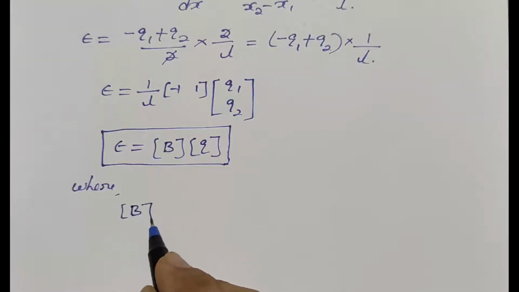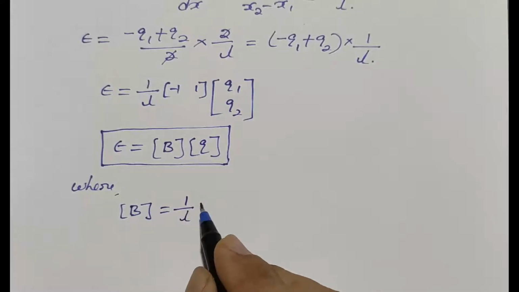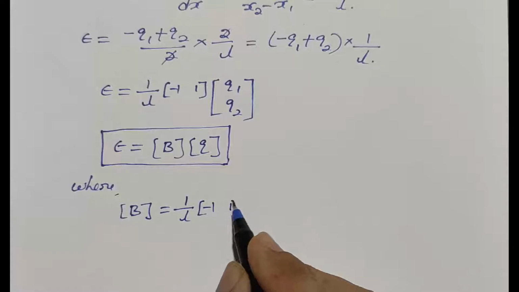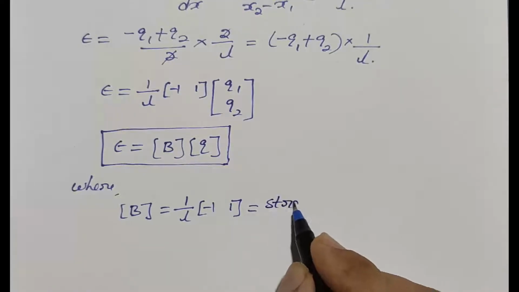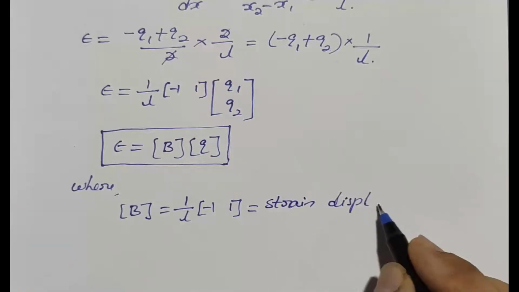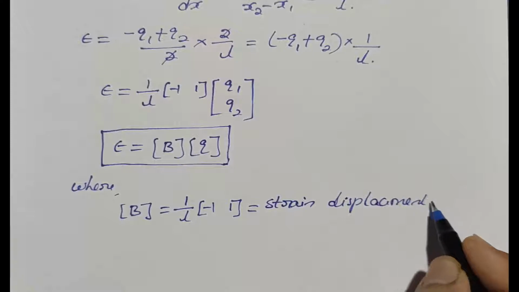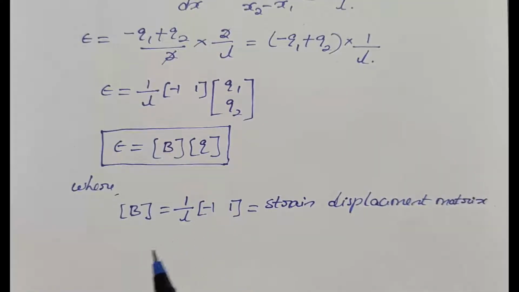Where B is equal to 1 by L [minus 1 1], which is called as strain displacement matrix. This B is equal to 1 by L [minus 1 1].